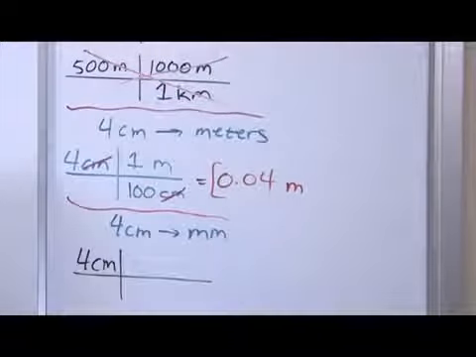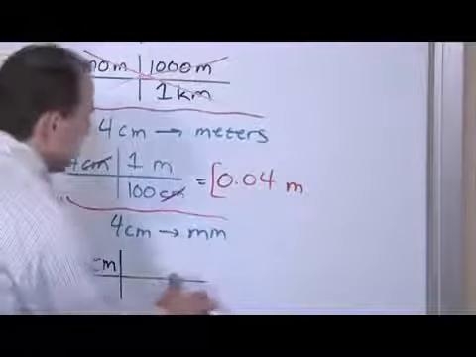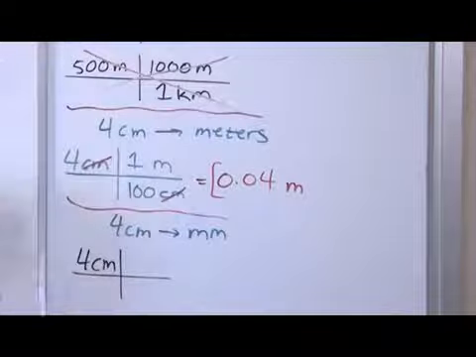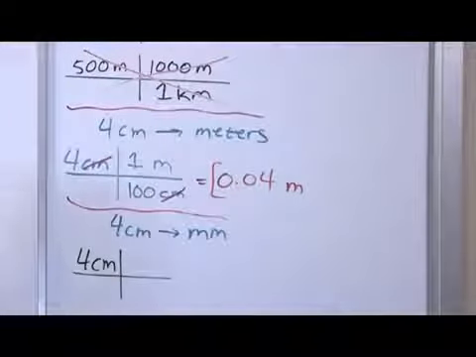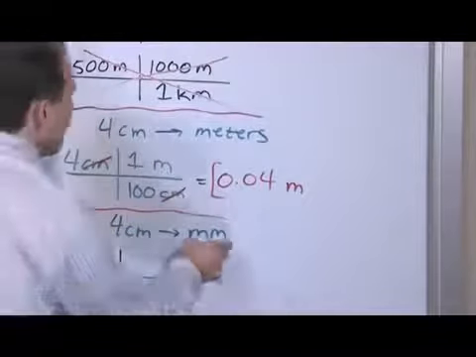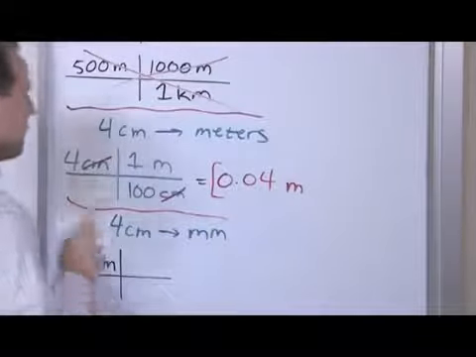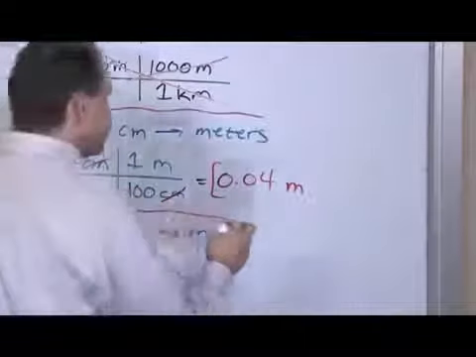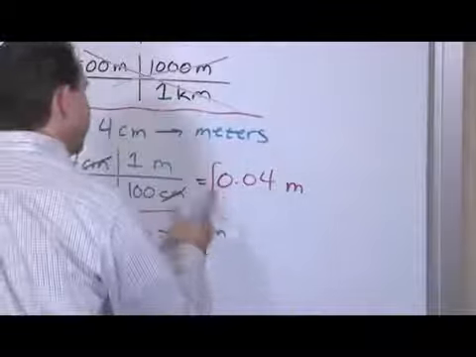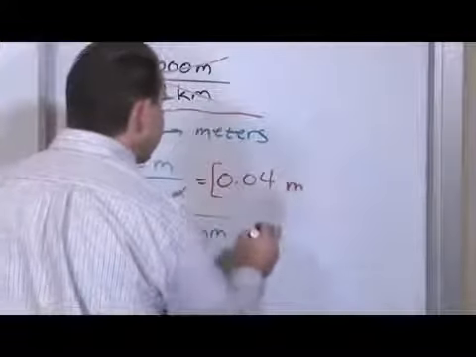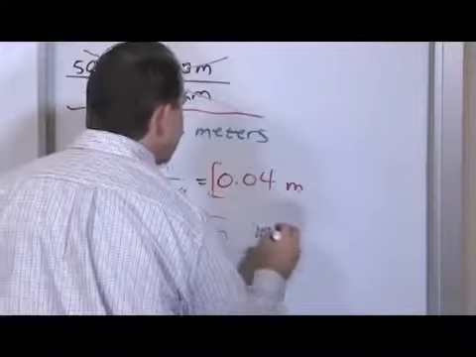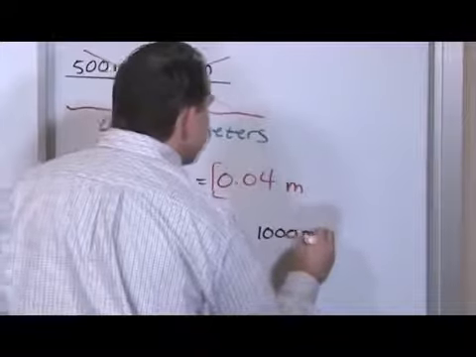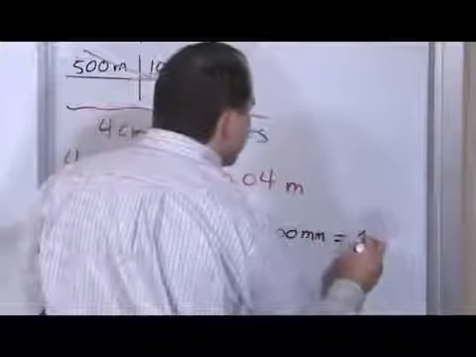A lot of you may know that watching this right now, but some of you don't, so I'm not going to tell you because I'm going to pretend that we don't know. Let's pretend we don't know how many millimeters are in a centimeter. But what we do know, I'll write down what we know, is 1,000 millimeters is equal to 1 meter.